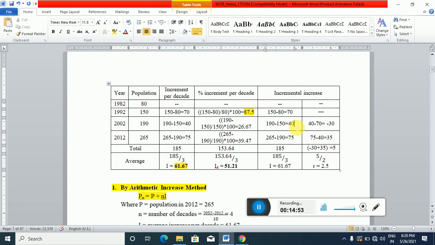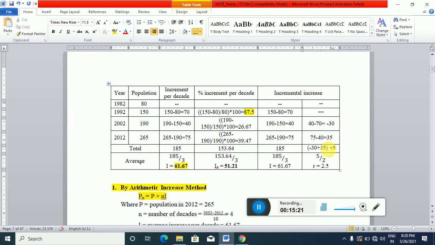So if you subtract 40 minus 70, you can observe the negative value here. That means for this particular period of time the population is decreasing. So 40 minus 70 is minus 30. In the next incremental increase year, you can estimate it as 75 minus 40, that is 35.